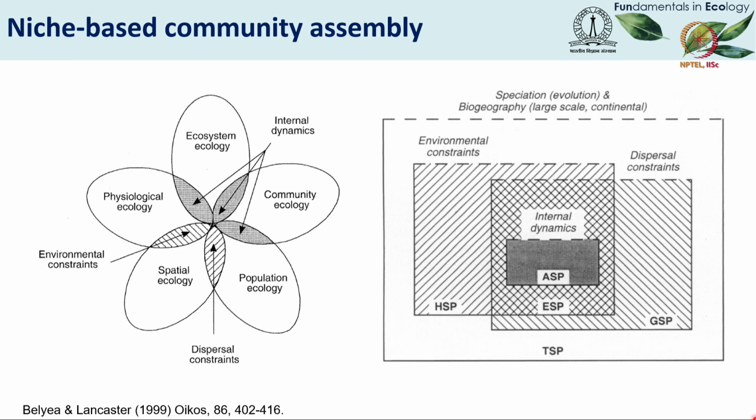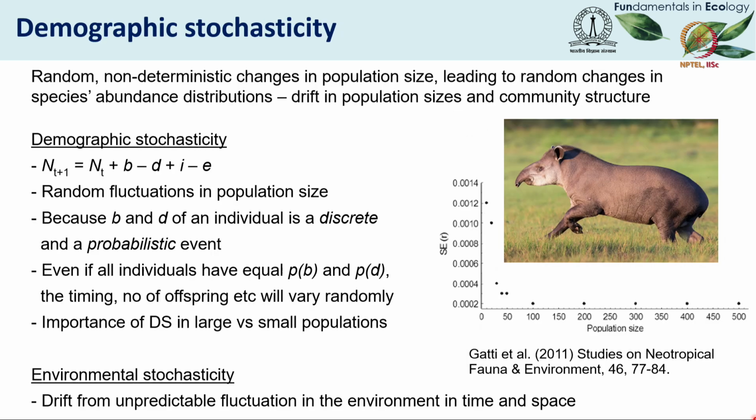So this is purely niche based community assembly, but you can have random processes also influencing community assembly. One of those random processes is something called demographic stochasticity. What demographic stochasticity is, is random, non-deterministic. So this is not how the fundamental niche of a species is interacting with an abiotic filter.